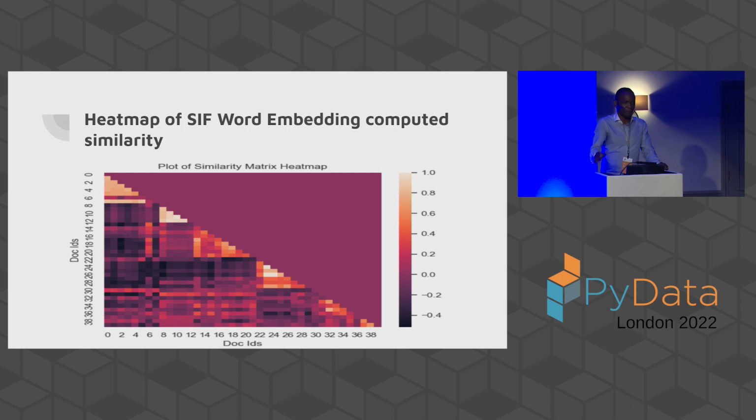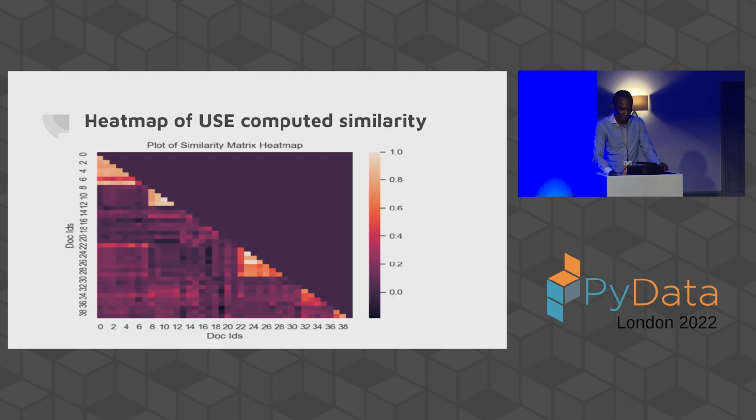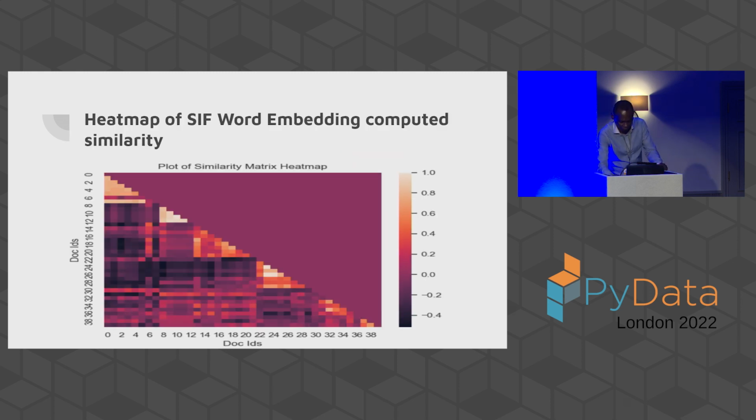This is the SIF one, which is the word embedding variant, and again, same problem. We've applied SIF on the same problem and plotted out the heat map. Then this is doing the same, but this time using a transformer model, the Universal Sentence Encoder. It's interesting to see that the USE, if you compare that with this, roughly looks the same, but it's not necessarily the same.